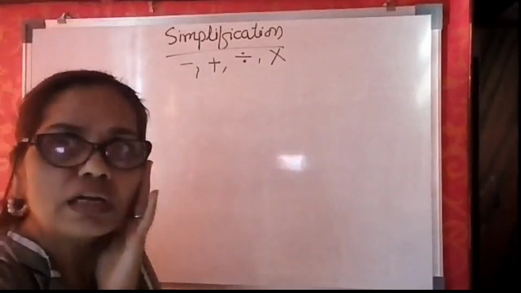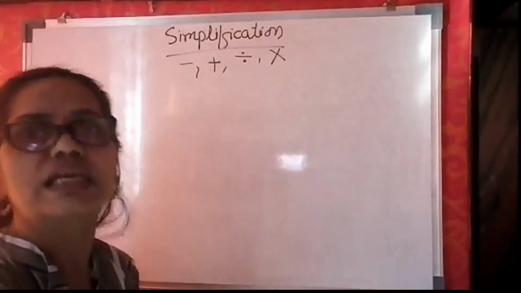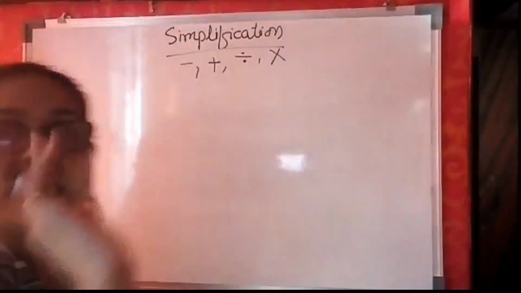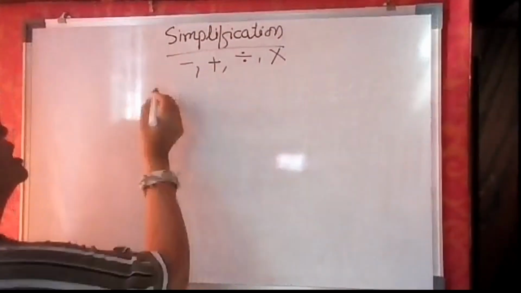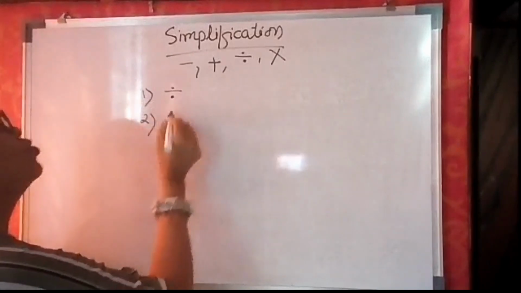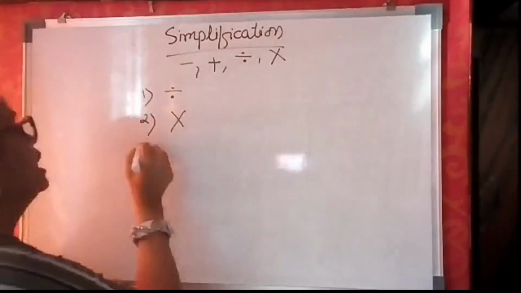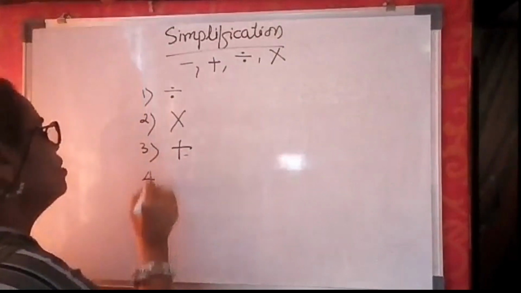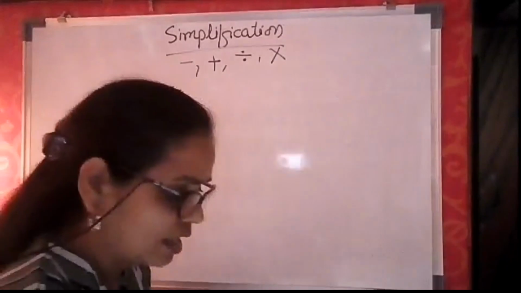You may be wondering, what is the teacher telling? Arrangement. Yes, I am telling you to arrange. So now I am arranging this. Number 1 division, then number 2 multiplication, 3 addition and 4 subtraction, right?